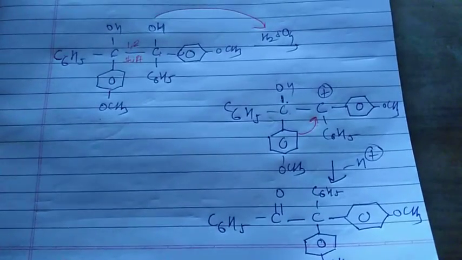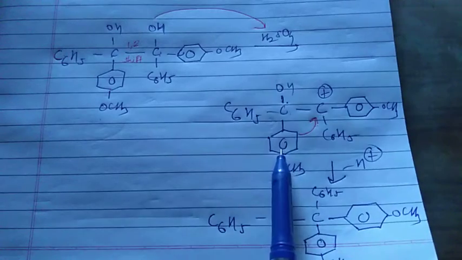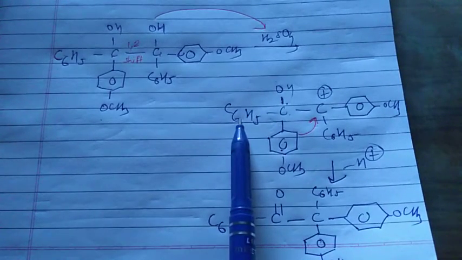This is migratory aptitude. This group must be migrated toward this carbocation, not this group, according to the migratory aptitude.